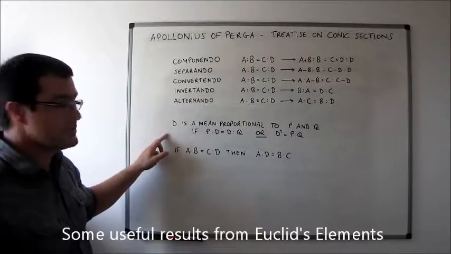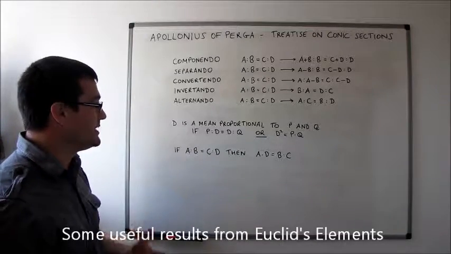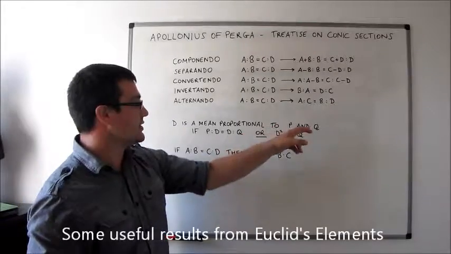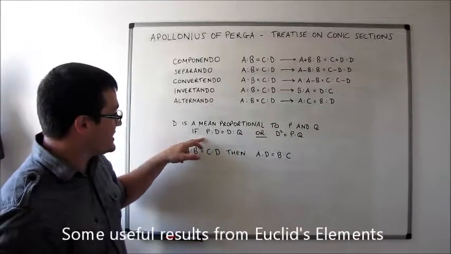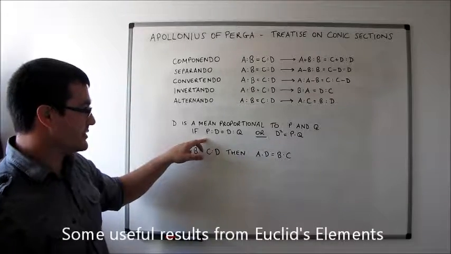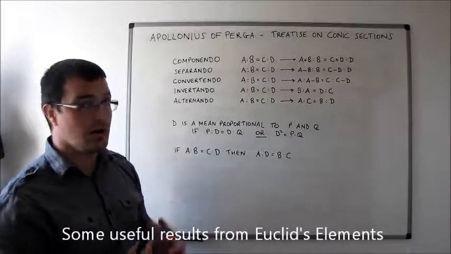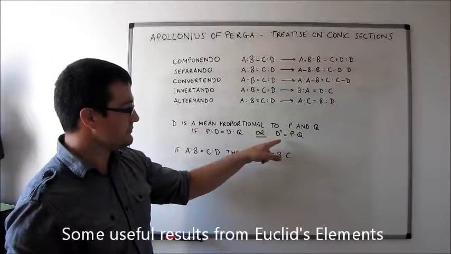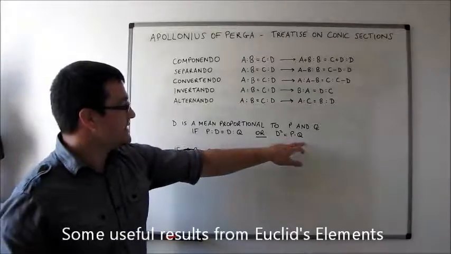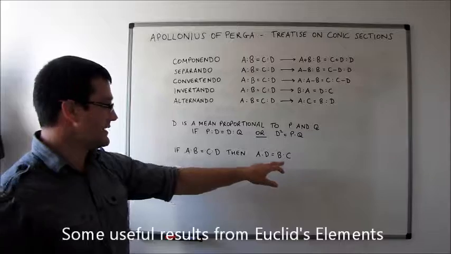This is something that's used an awful lot in Apollonius's work, the idea of a mean proportional. So if D is a mean proportional to P and Q, then D must satisfy this equality. The ratio of P to D is equal to the ratio of D to Q, or alternatively, D squared must be equal to P times Q. And this actually follows from this last rule that I've written here.